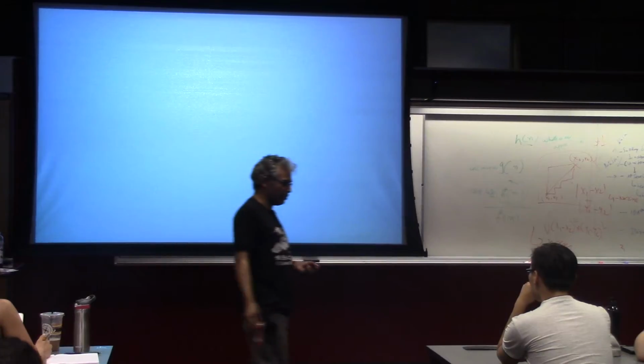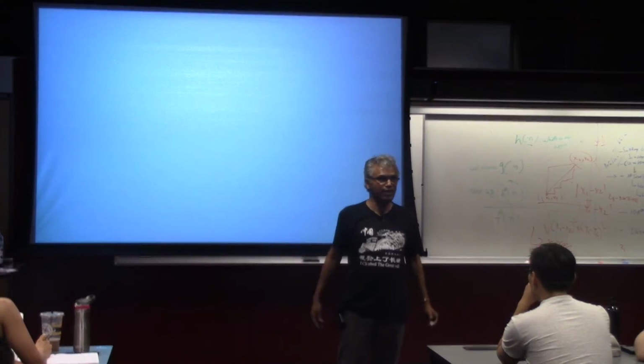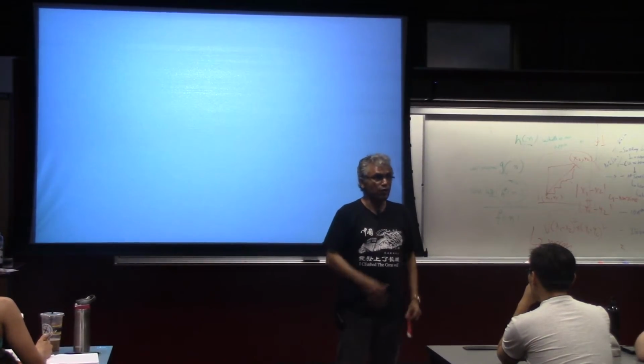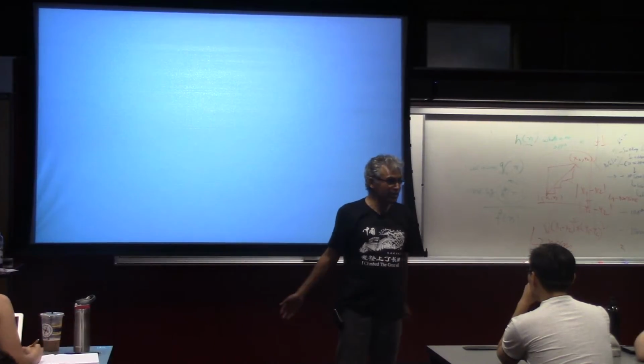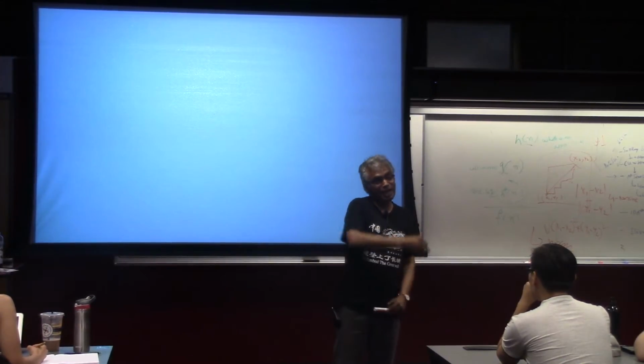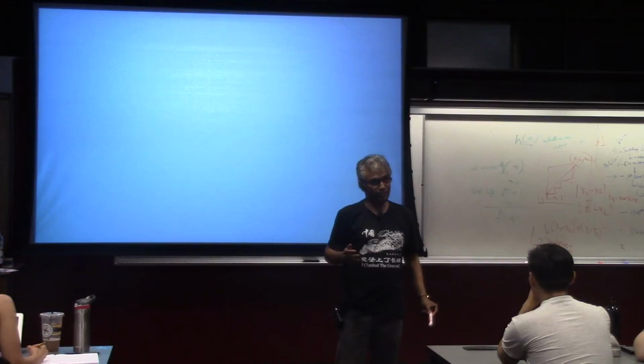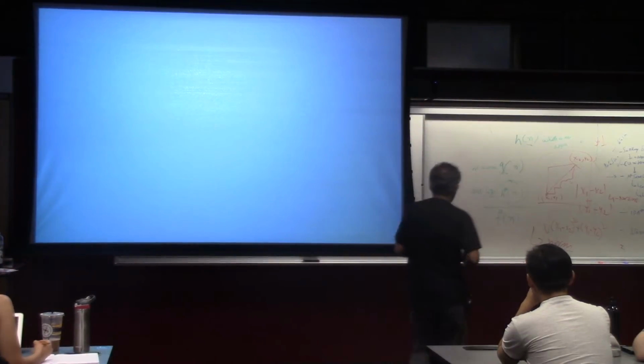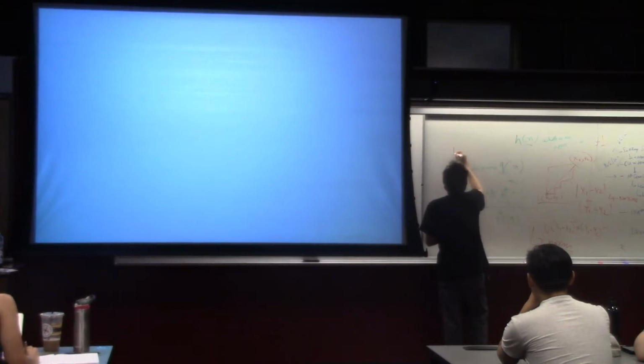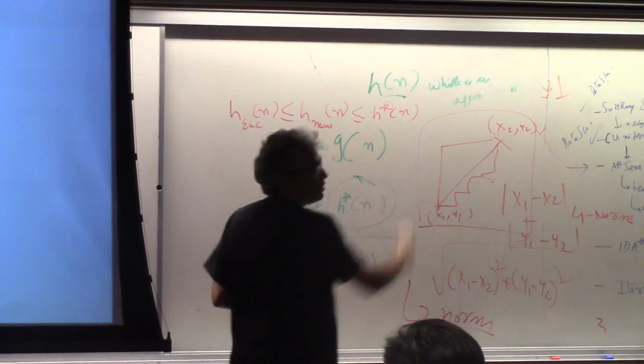Because in Manhattan at some point of time there may be some roads which are one way, some roads which are closed, and some roads which have a huge traffic jam. So the actual distance might be much higher than either of these. So suddenly you have a situation where h Euclidean of n is less than or equal to h Manhattan of n, which is less than or equal to h star of n.